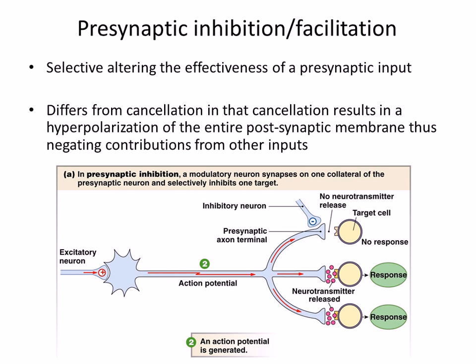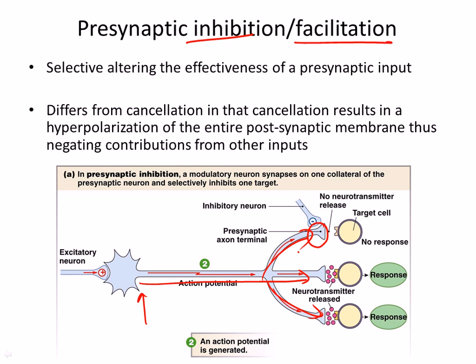Presynaptic inhibition is a little bit different, and it tells you in the name what it's doing. I'm inhibiting or facilitating before, at the front end of the synapse, the presynaptic side. So this is not an IPSP, this is not an EPSP. For example, here we have an action potential that's traveling down this membrane.